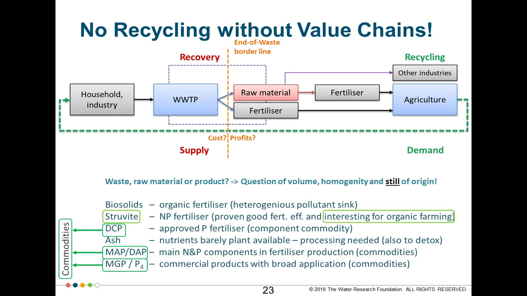Alone the definition of what is waste, what is a raw material, what is a product turns out to be one of the biggest barriers we still have to cope with. So still the answer is the question of origin. So waste-derived material has, let's say, a bad reputation, and also on a legal base, a discriminated status compared to primary-based materials.